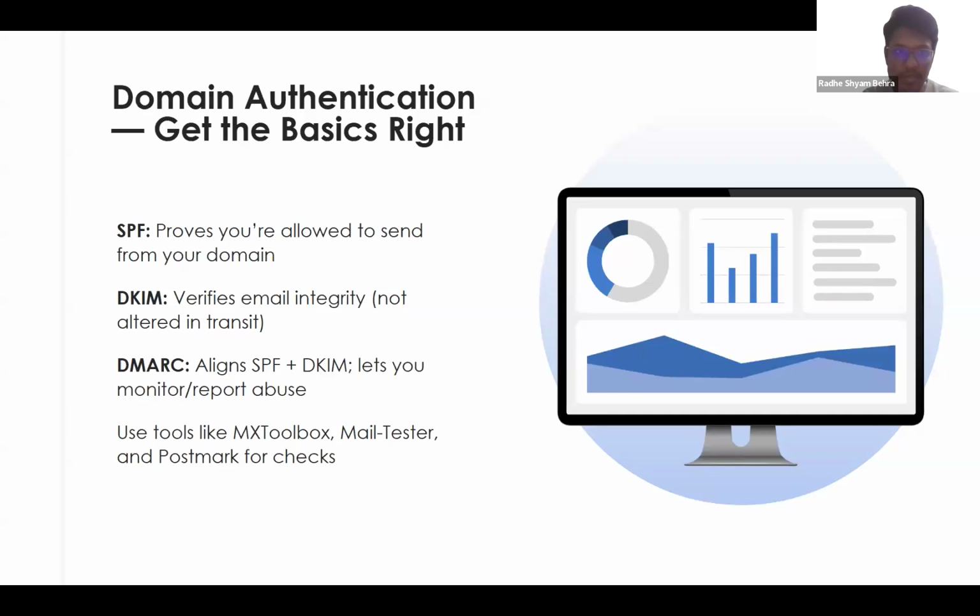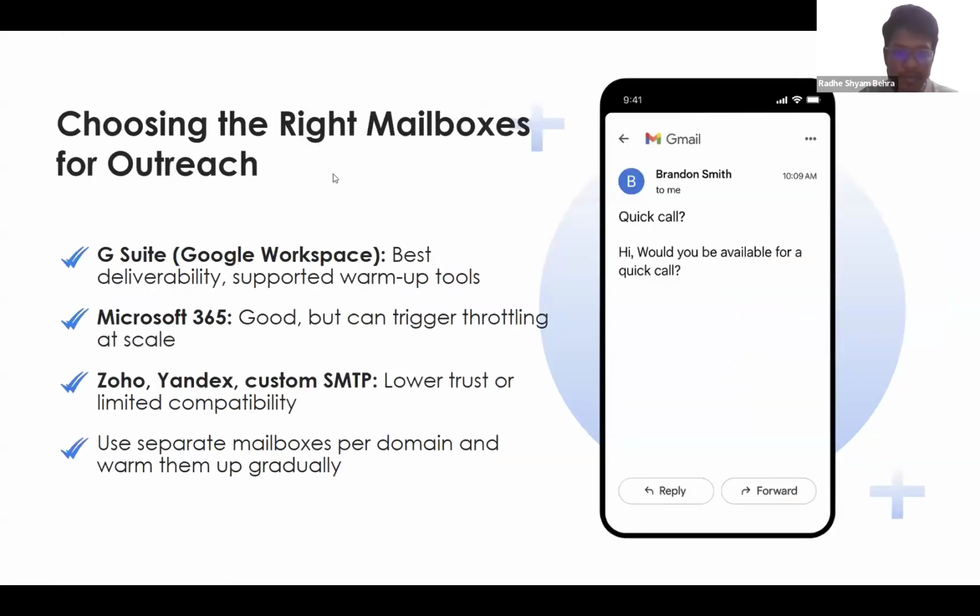Okay. So, all right. There are certain mailboxes which are better than other mailboxes. To put this in a single line, I would say Google Workspace, or G Suite, and Microsoft 365 are the best ones out there so far, and they are easier to set up.